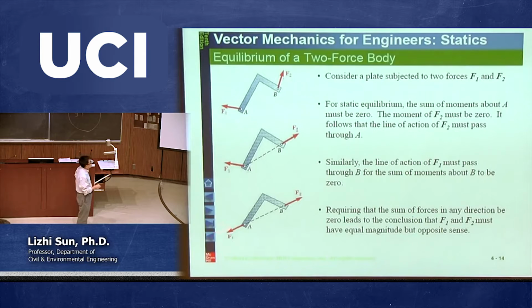And also, the direction is along the line between point A and point B where those two forces are applied. So that's the conclusion. The only requirement is that there are only two forces acting on the rigid body. It can be anywhere. Then the conclusion is these two forces have to be along the same line but in the opposite sense, and the magnitudes are the same.